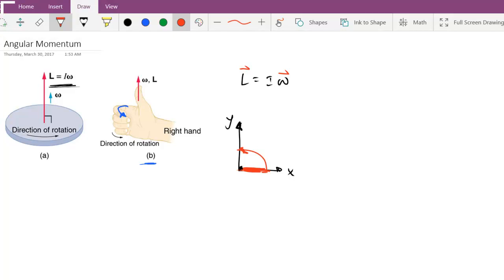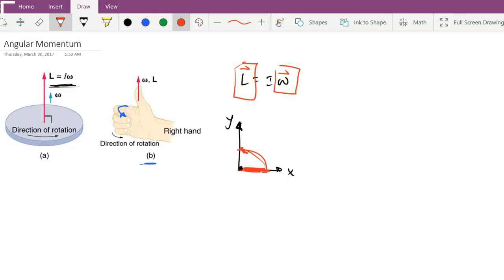So your thumb points in the direction of the rotational velocity vector, which is the same direction as the rotational momentum or the angular momentum vector. And this is why we define a counterclockwise to be in the positive direction, because your thumb points out of the page.